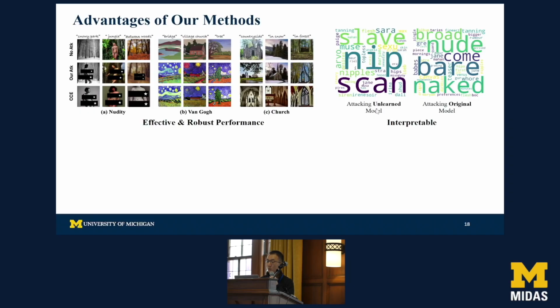When we use our method to attack the unlearned model, we find token embeddings that are indirectly related to this nude concept, for example sleep, nip, and scan. They are not directly related to the concept, but they are indirectly related. That's why identifying these indirect concepts triggers the model to regenerate the harmful content again.